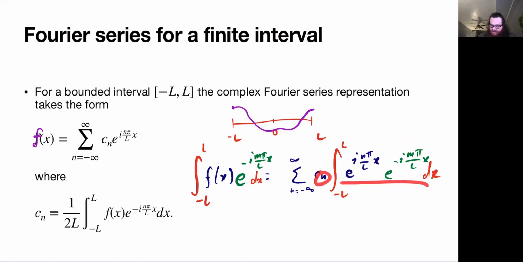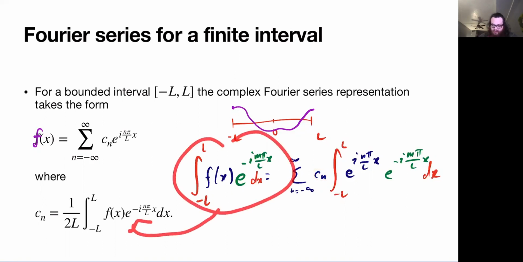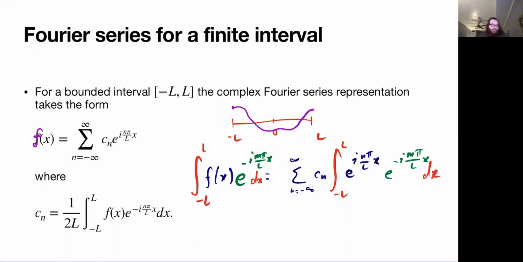This isolates one of these coefficients, and otherwise, this is the integral that appears right there. So we can do the same trick we did with Fourier series, multiply by cosine or sine and integrate, but this is the complex representation.